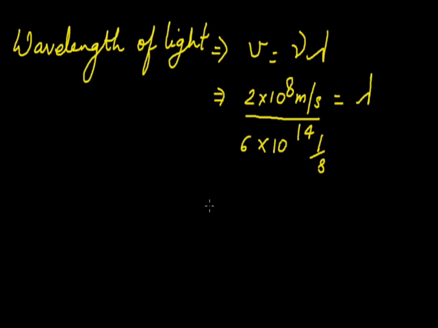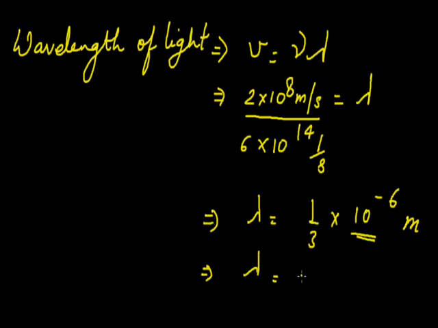The unit is meter, so lambda is equivalent to 1/3 of 10 raised to power minus 6. So the wavelength in glass is equivalent to 0.33 into 10⁻⁶ meter.